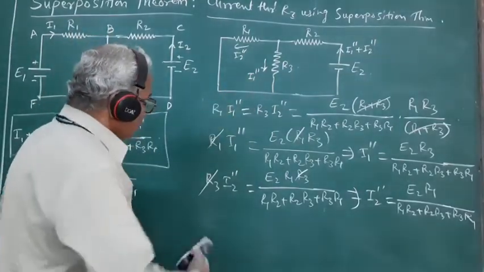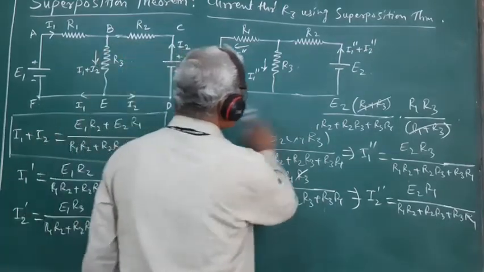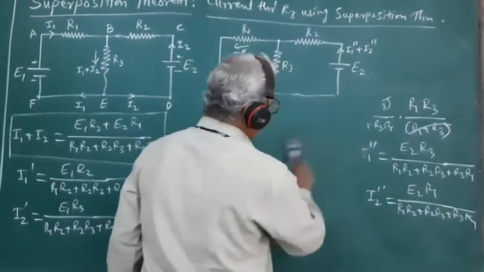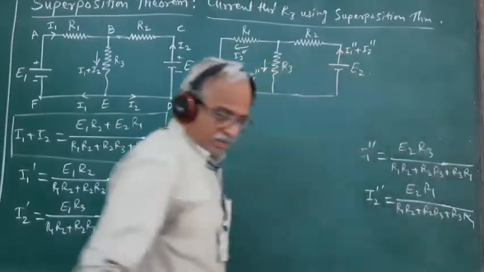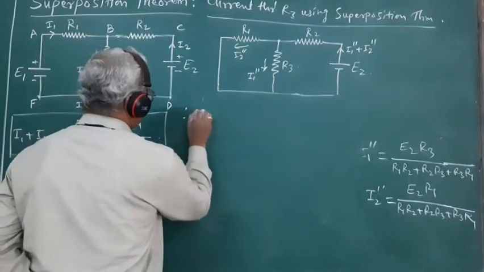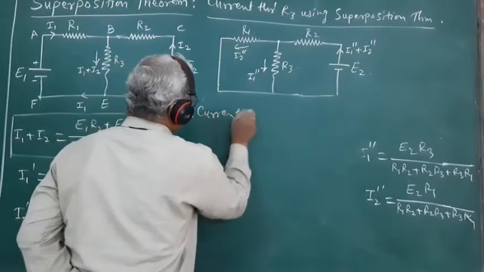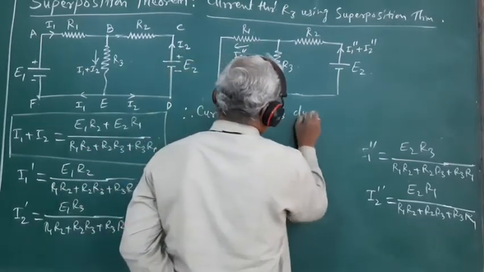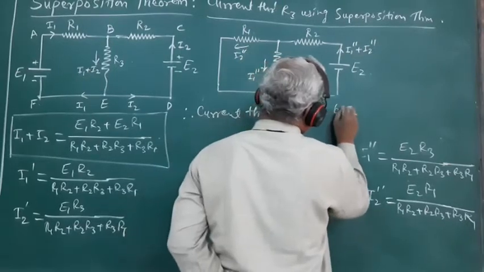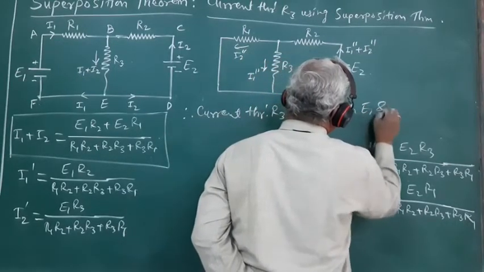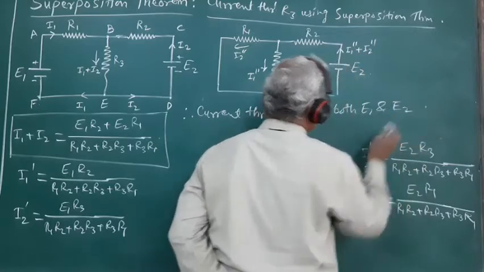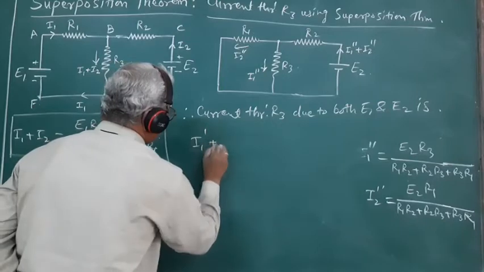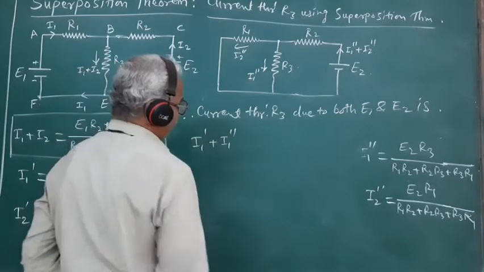So the total current flowing through the resistance R3 in the presence of both these sources of EMFs will be, therefore, current through R3 due to both E1 and E2 is I1 prime plus I1 double prime.